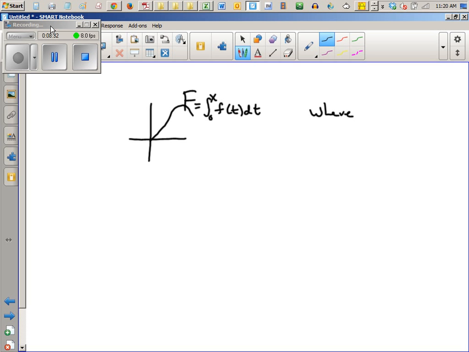Where F is defined as, sorry, I meant to write dF/dx, the derivative of it is f. So in other words, it's like an antiderivative. The derivative of the area function is the original f.